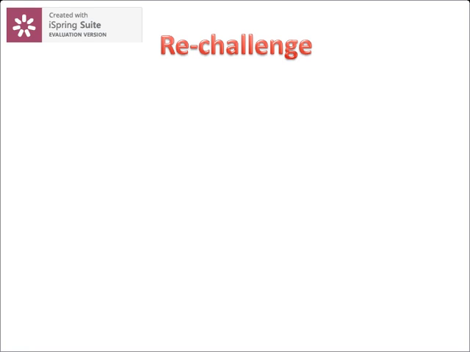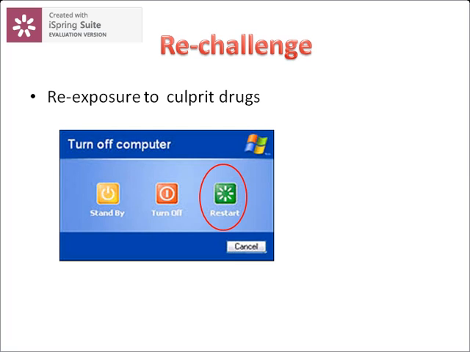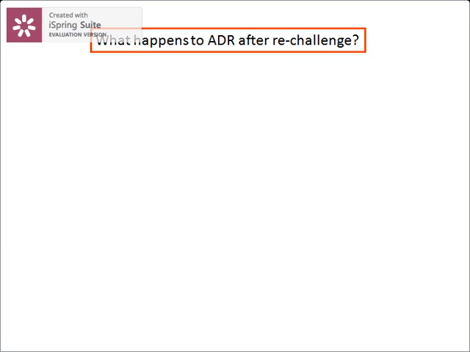Now the re-challenge. It refers to the restarting of the same medication after stopping it. It could be complete or partial, so re-challenge may start with the same dose or with low doses. After reintroduction, we are interested in knowing what happens to the adverse drug reaction, whether it reappears or not.